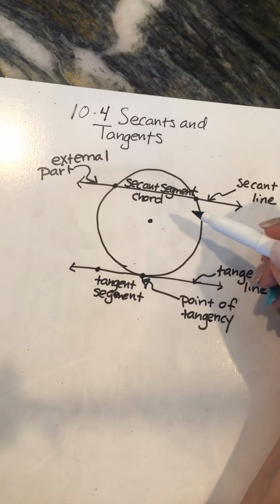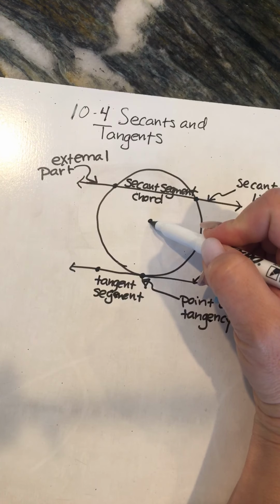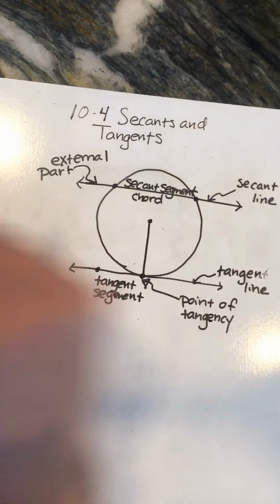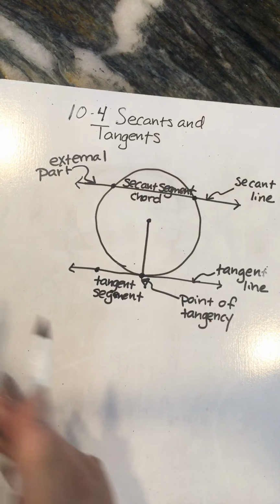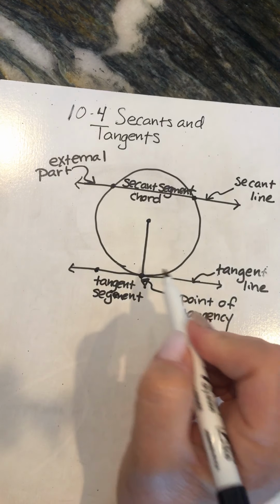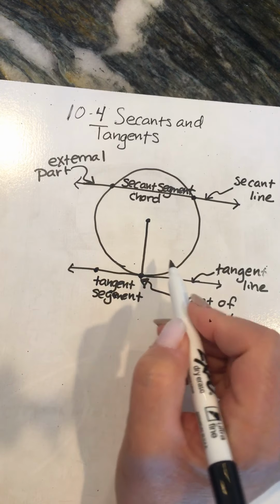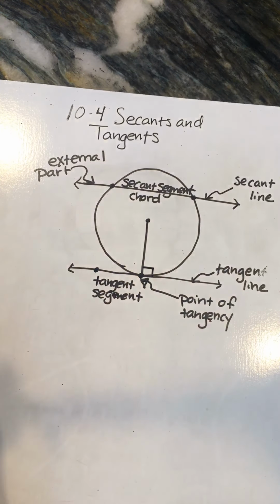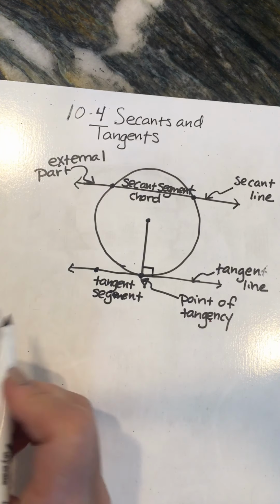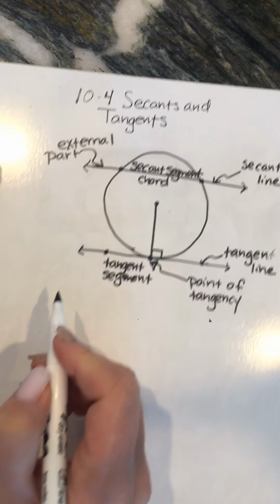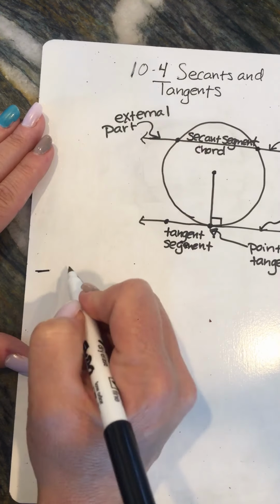Let's draw a radius then from the center to the point of tangency. All right. When that happens, when a radius touches a point of tangency, the tangent line and the radius are perpendicular. So we need to write that down. That is a theorem we need to know. So here we go.